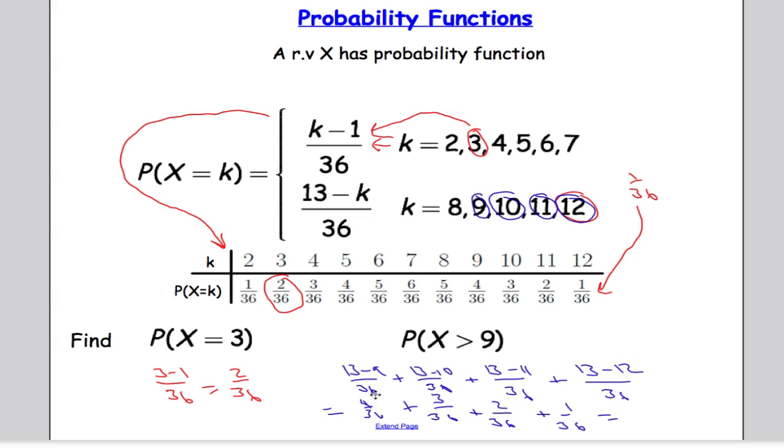And adding those all together, 4 plus 3 plus 2 plus 1 is 10 over 36.